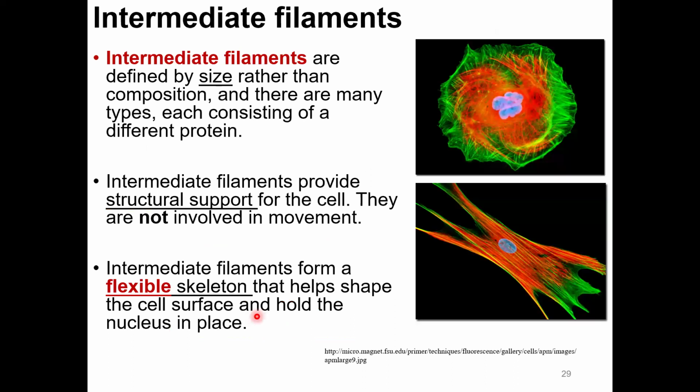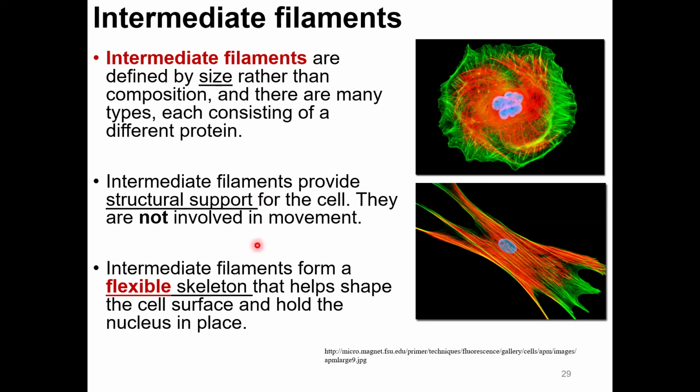And then intermediate filaments, those are defined by size rather than composition. There are many types, each consisting of different proteins. What these intermediate filaments do is provide structural support.